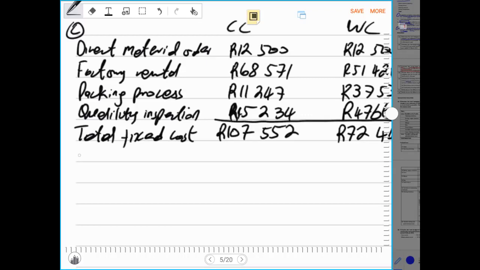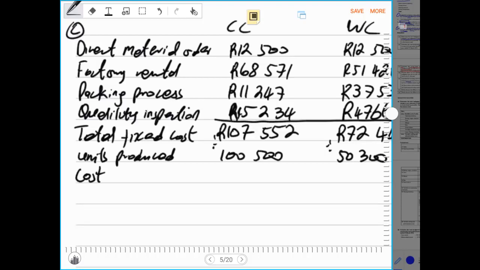Then we say units produced. My units produced was 100,500, and here we had 50,300. So we divide by this to get to the cost per unit, which is fixed cost per unit using the activity-based costing.